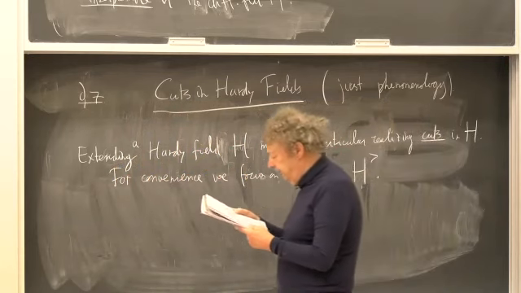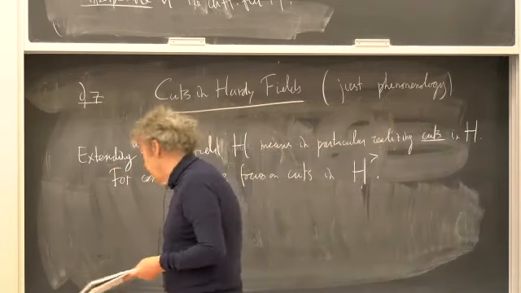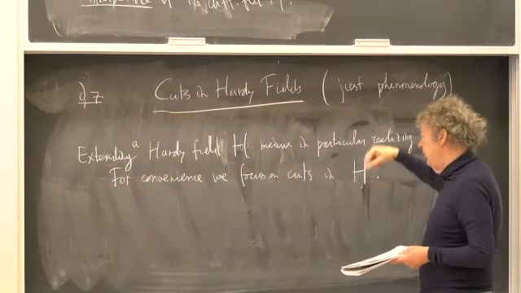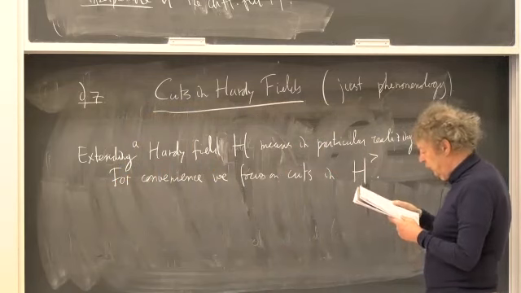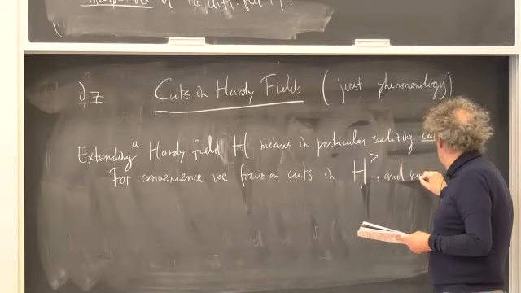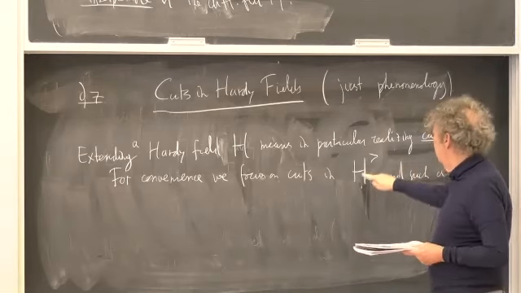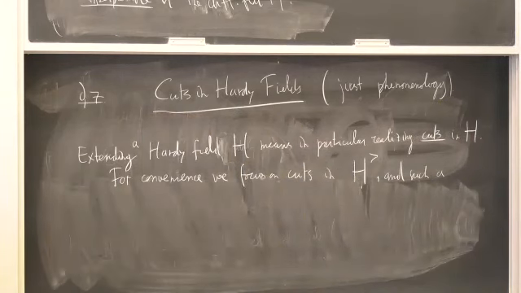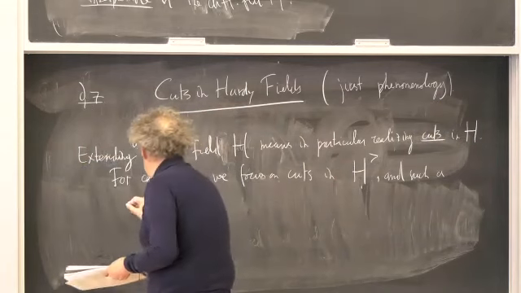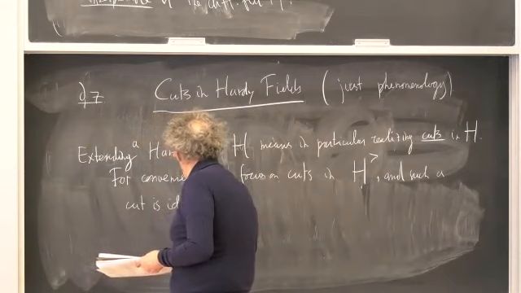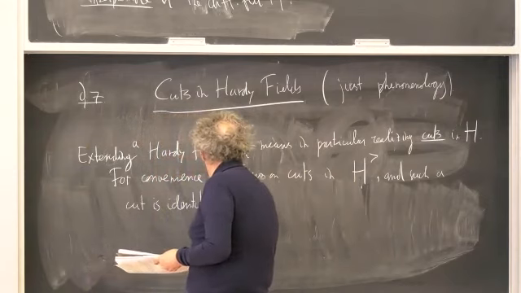And such a cut is then simply identified with its downward closed subset. So any downward closed subset in this set of positive elements we call a cut.